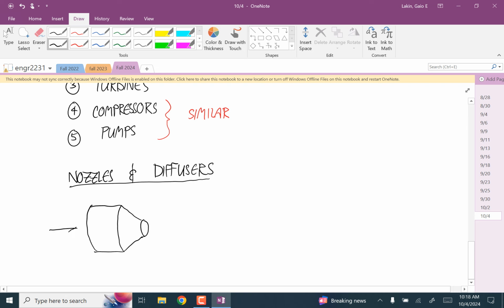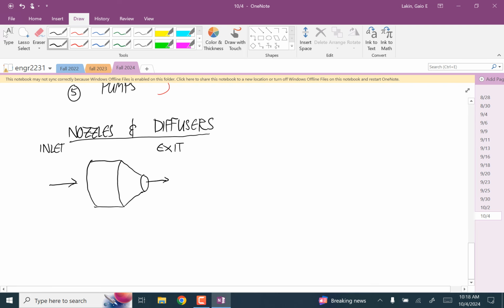So the flow is this way. This is the inlet side, and this is the exit side. And this is a nozzle.